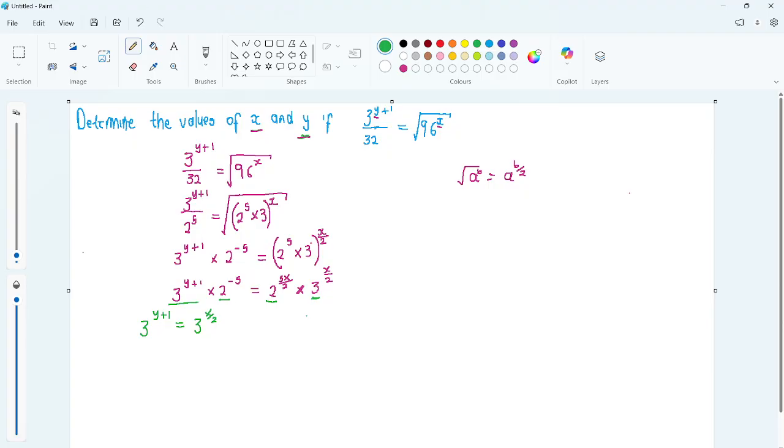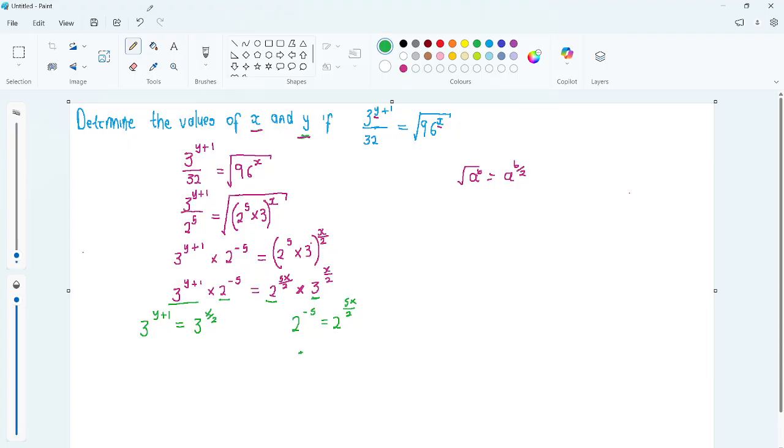Similarly, with this one, 2 to the exponent of -5 is the same as 2 to the 5x divided by 2. The bases are the same. So now I can drop the bases so that the exponents can be the same as well.